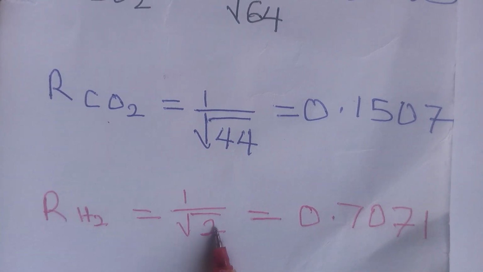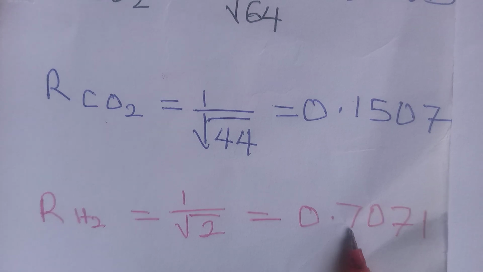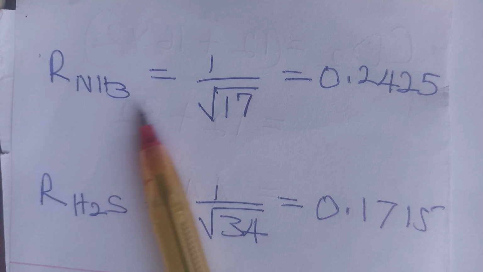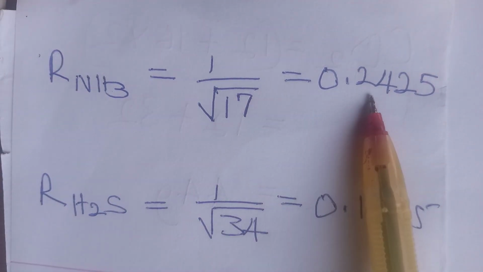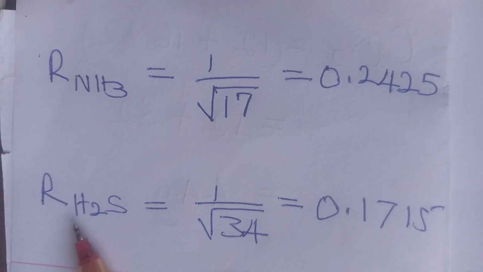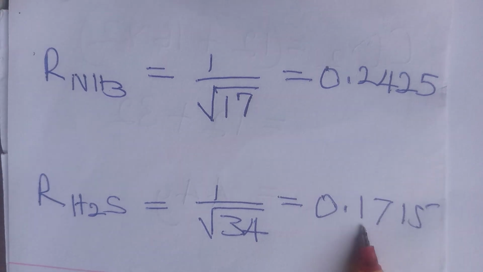That's 1 over the square root of 2, giving us 0.7071. And of course, we have the rate of diffusion of ammonia, 1 over root 17, giving us 0.2425. And finally, the rate of diffusion of hydrogen sulfide, 1 over the square root of 34, and that gives us 0.1715.